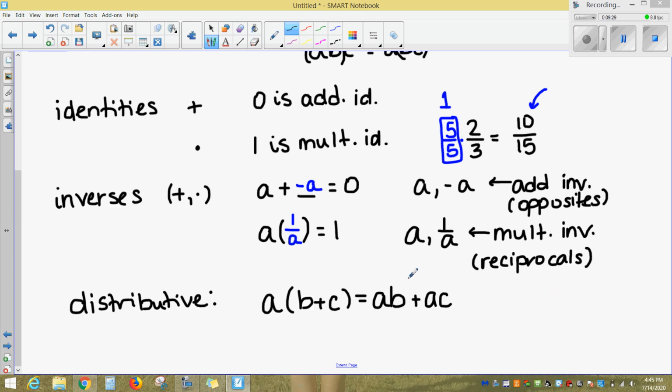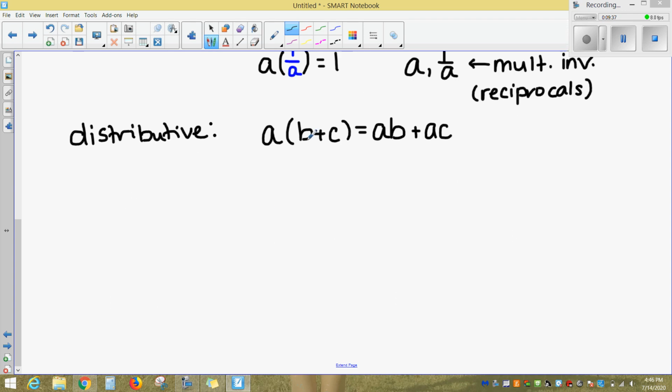Sometimes it's nicer for us to write it like it is on the right-hand side. As we get a little farther through the book, sometimes we prefer to have it split apart like it is on the left-hand side. So the types of examples we'll see in our exercises is maybe we'll start with 5 times the quantity x plus 3.